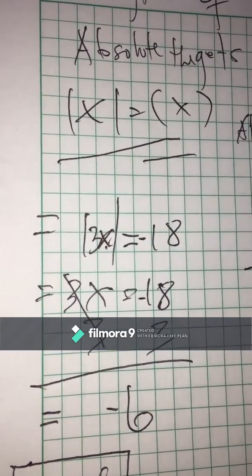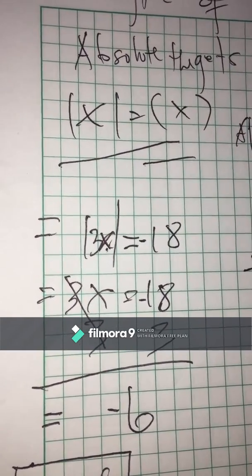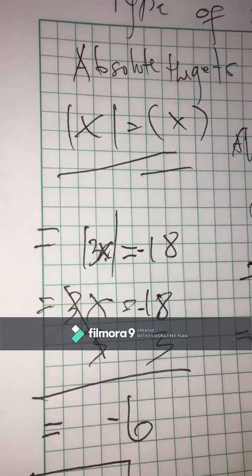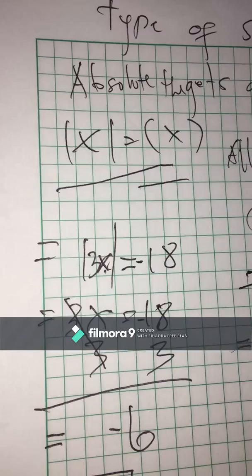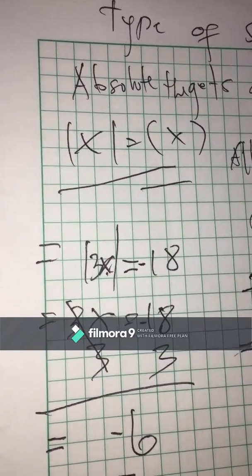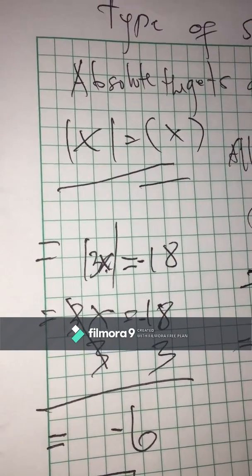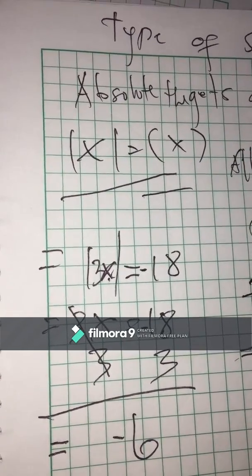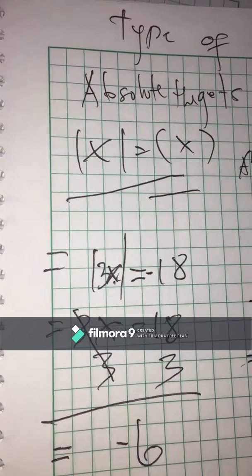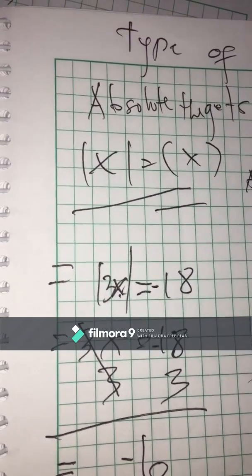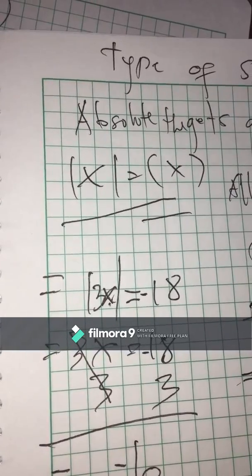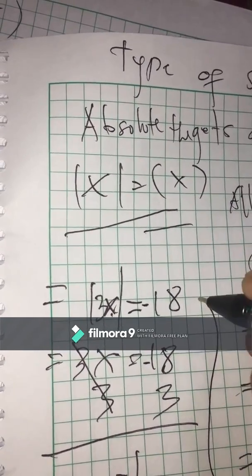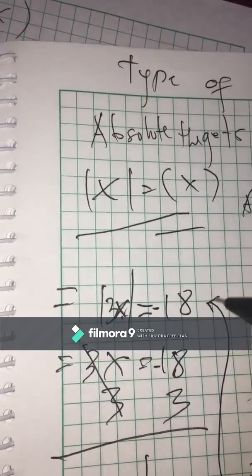Then substitute the 6 here, 3 times 6 is 18. So it's the same, guys, it's 18. So we put in the positive or negative here, and we got the negative 18. So it is exact, so we get the right answer.